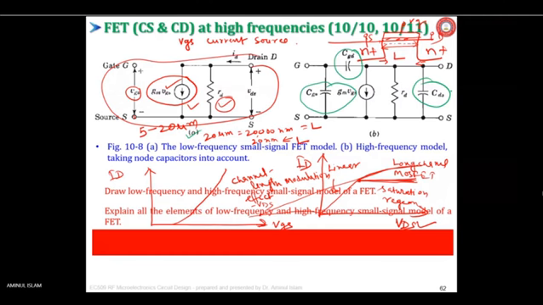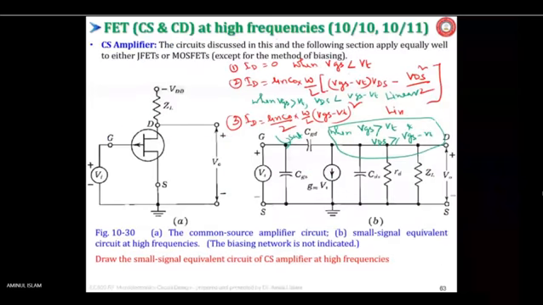Based on this, we will go ahead with discussion of the CS and CD amplifier. If you need further discussion, we can go into much more detail on the MOSFET, but our course says that we have to understand this small signal model for the CS and CD amplifier.